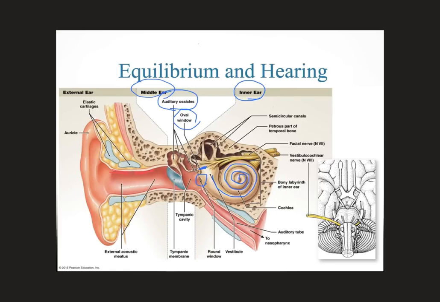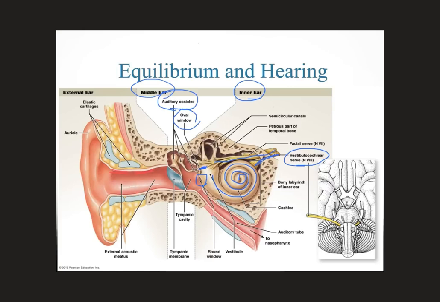And right over here you're going to have your vestibulocochlear nerve, which is your cranial nerve number 8, which is what's going to detect the sound, right? So we're going to have a part that's going to be connected to the vestibule and a part that's going to be connected to the cochlea. So that's why we call it the vestibulocochlear nerve.